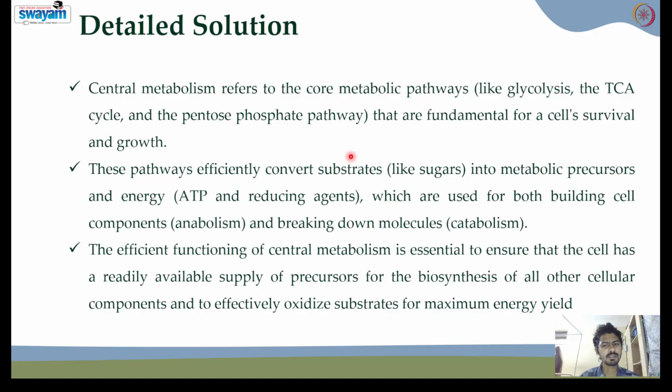They convert simple substrates like sugars into metabolic precursors and energy, like ATP and other reducing agents, which are used for both building cell components as well as breakdown of molecules. So central metabolism can do anabolism as well as catabolism. And by definition, metabolism is nothing but catabolism and anabolism, right?